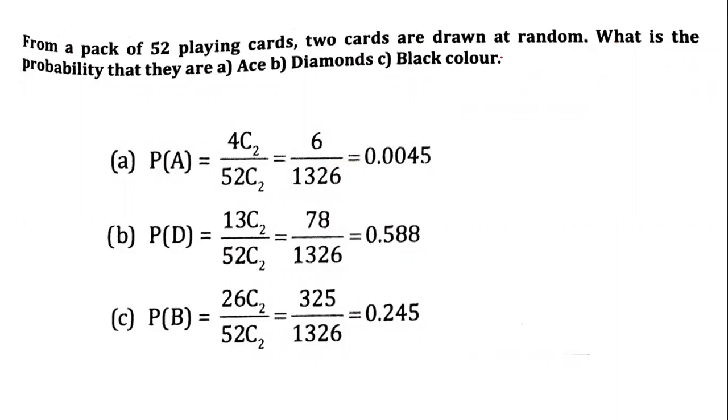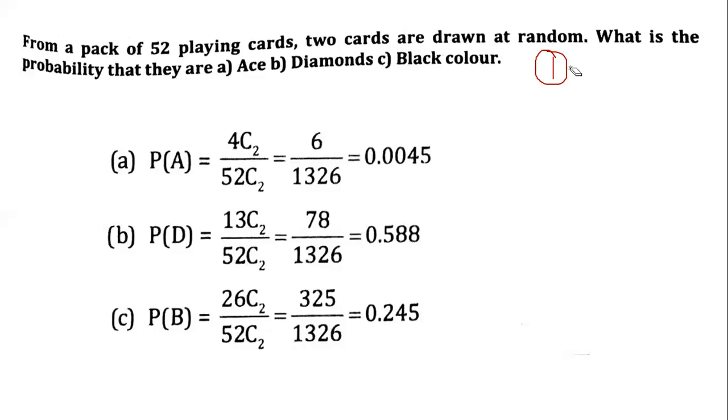Two cards are drawn at random. What is the probability that they are ace? Ace is nothing but the first card, that is 1. And then what is the probability of it being a diamond, and what is the probability of it being a black color card? So this is the question.